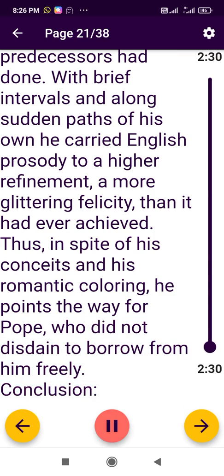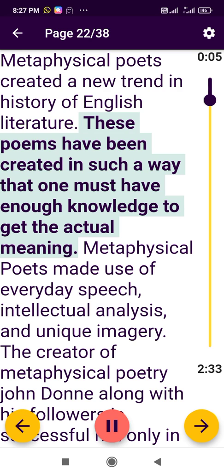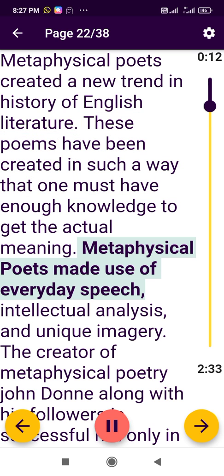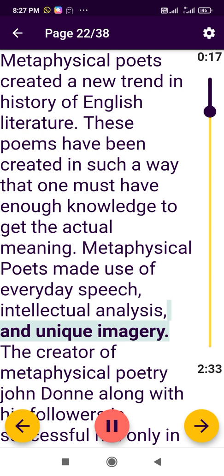Conclusion. Metaphysical poets created a new trend in the history of English literature. These poems have been created in such a way that one must have enough knowledge to get the actual meaning. Metaphysical poets made use of everyday speech, intellectual analysis, and unique imagery.